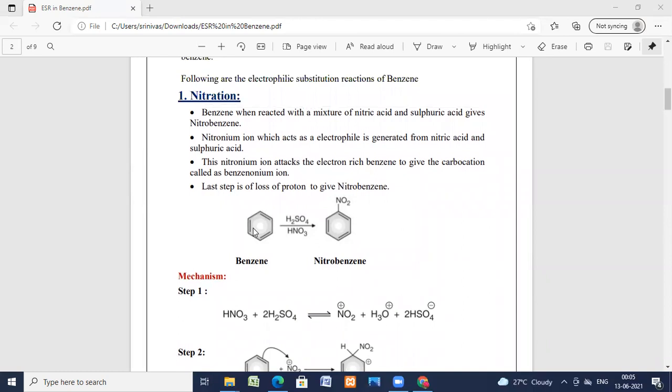First is generation of the electrophile. First of all, the electrophile, say X plus, is generated from the reagent. The second step is formation of the intermediate carbonium ion.